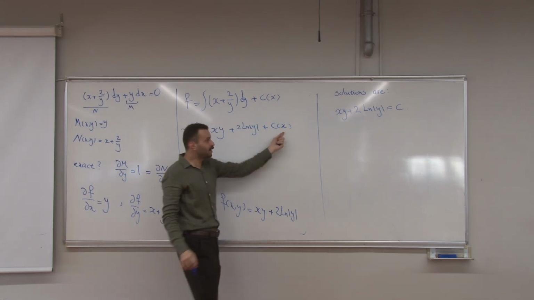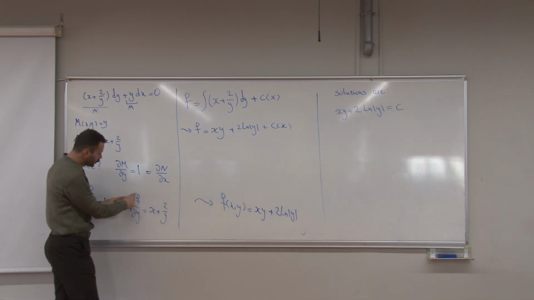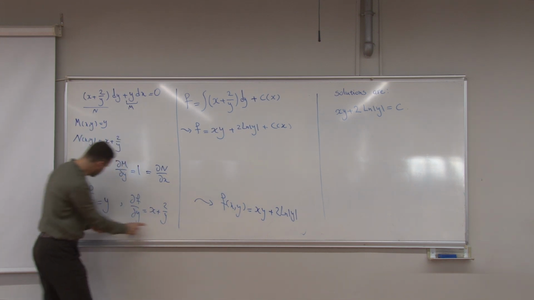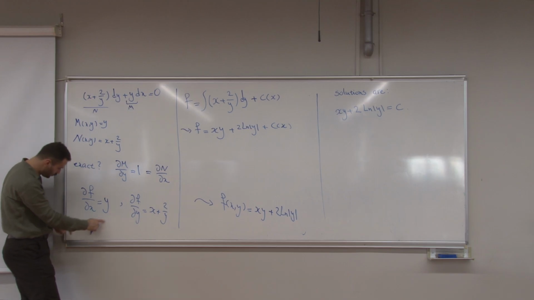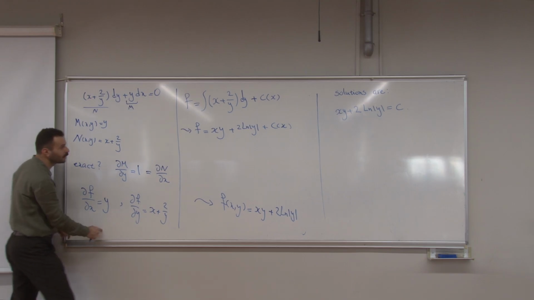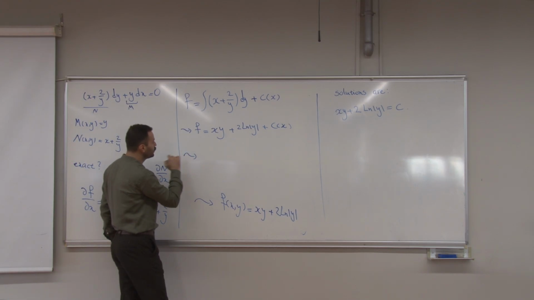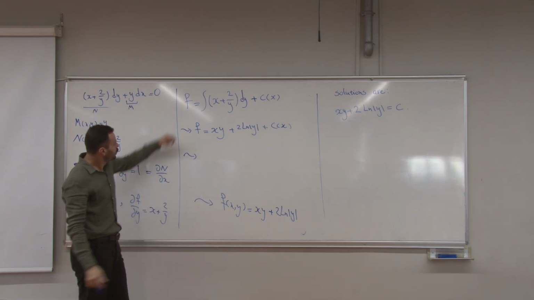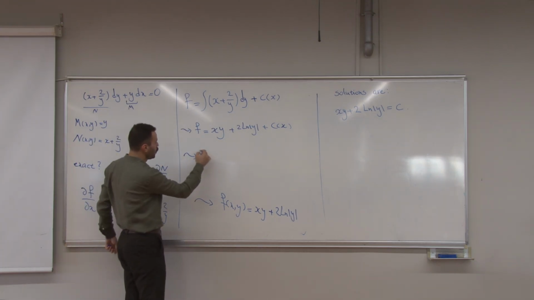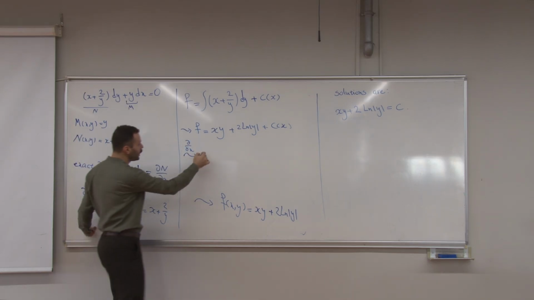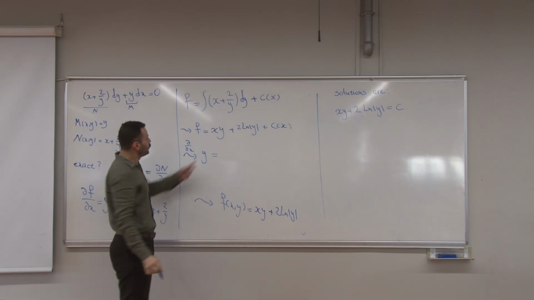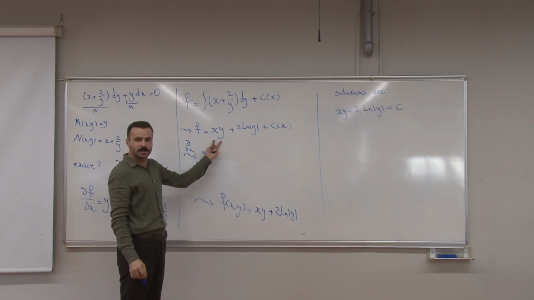Because I have used the partial of f with respect to y, but I haven't yet used this. So I need to take the derivative with respect to x, so that I can also use this equality. By taking derivatives with respect to x, I have the partial of f with respect to x, which is equal to y. What is the partial derivative of this expression with respect to x?